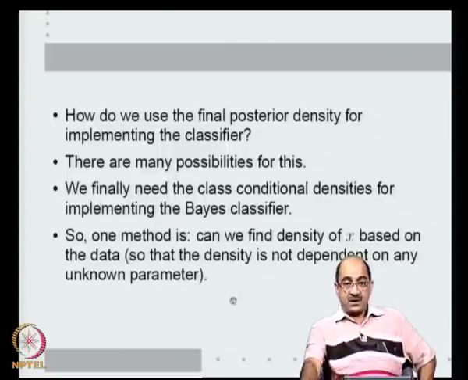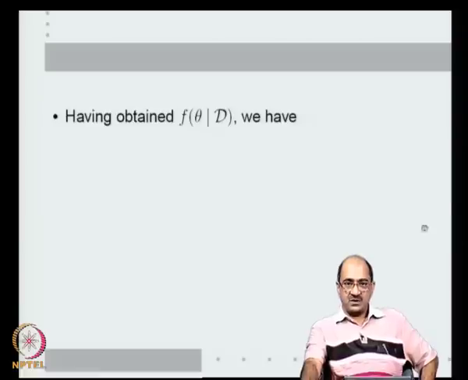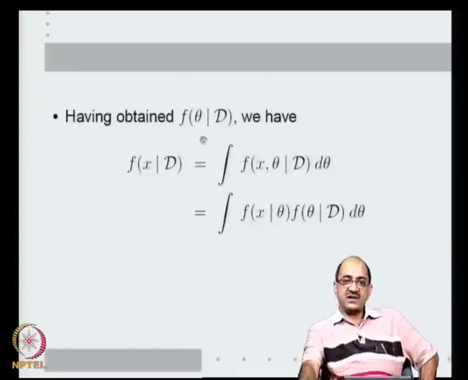One method is, can I use the posterior so that I finally get some density of x based on the data, which is not dependent on any other unknown parameter? This is possible. Once I have the posterior density f(theta | D), I can write the density of x conditioned on D as the joint density of x and theta conditioned on D, integrated over theta. I am obtaining the density of x by marginalizing over theta of the joint density of x and theta.